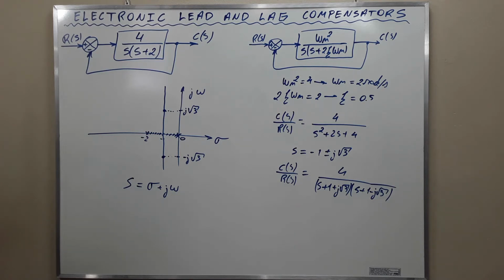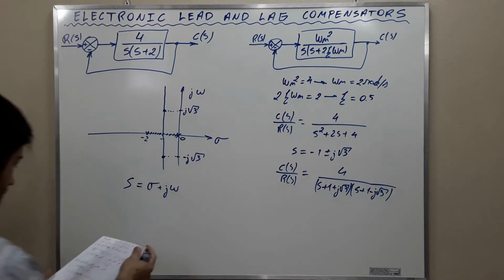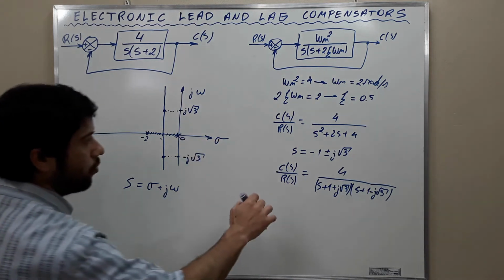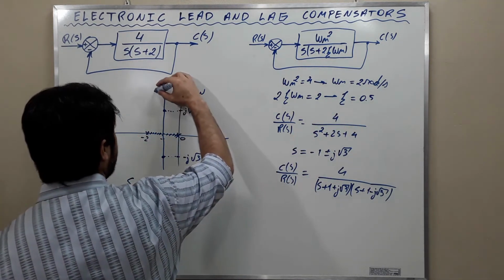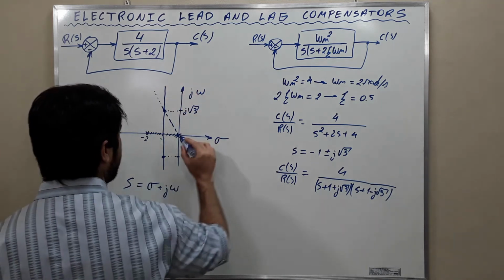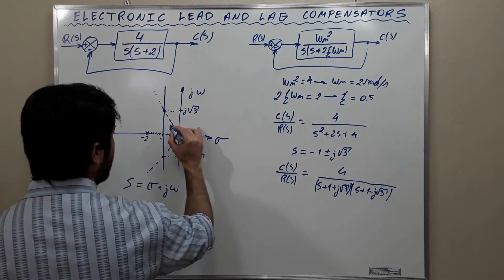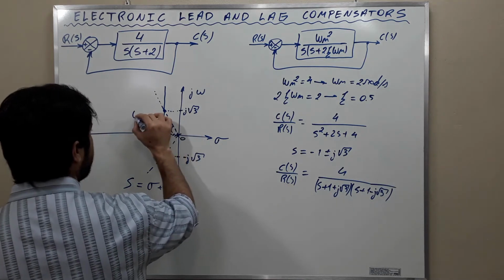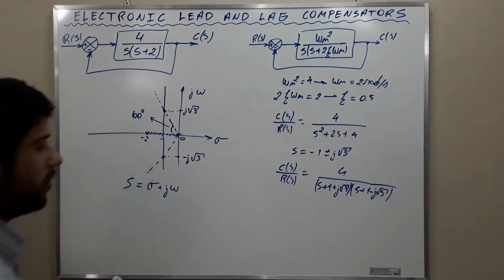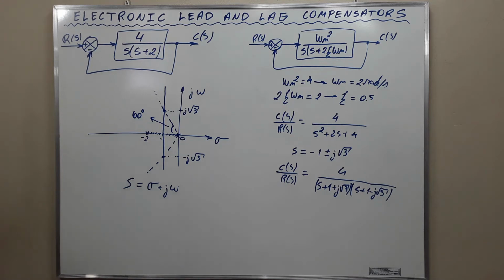And observe that for the damping ratio of 0.5, we have an angle here of 60 degrees, okay, plus or minus 60 degrees.